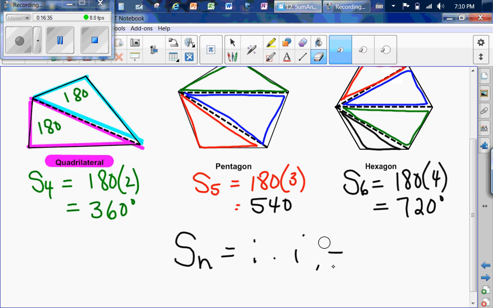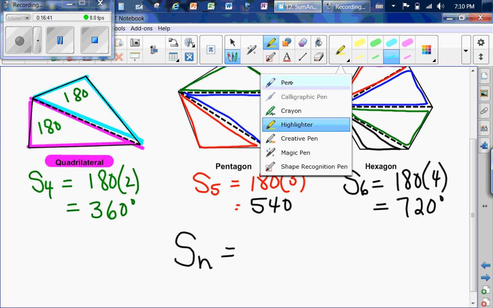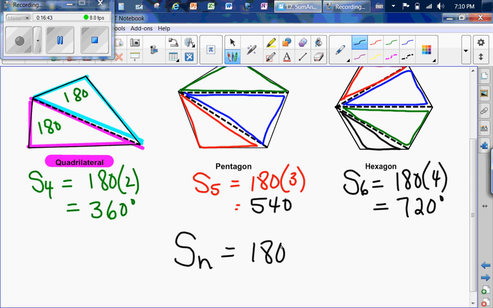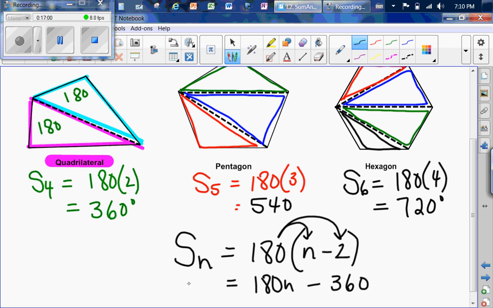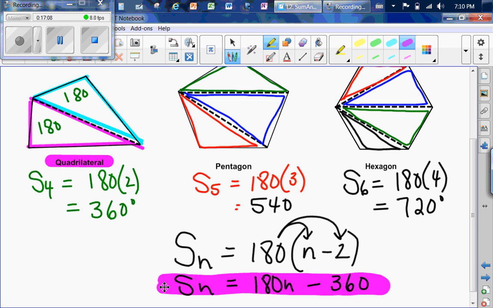Sorry, I wrote that wrong. 180 times the number of sides minus 2, which would be 180n minus 360. And that takes us back to the original equation that we talked about at the beginning of this lesson. So that's just to explain to you visually how it makes sense and mathematically.